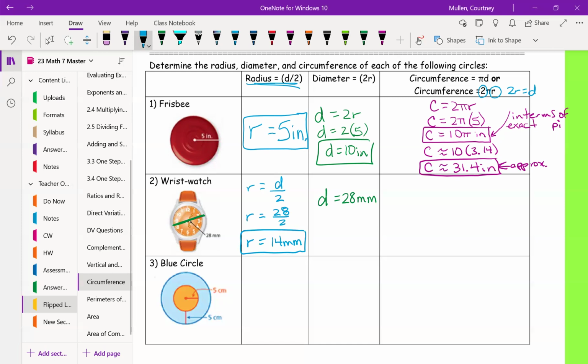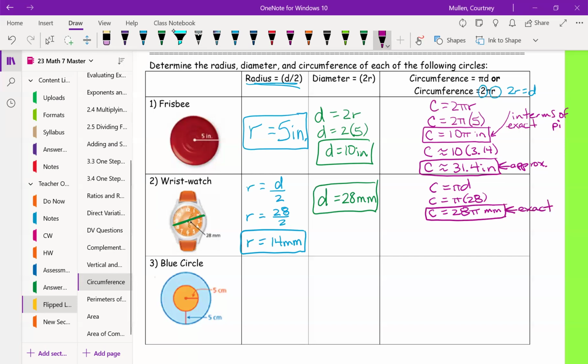Since this one gave us the diameter, we'll use the circumference formula involving diameter. C, circumference, equals pi times diameter. Well, I know that the diameter was 28 millimeters. And when we write our final answer, that coefficient will jump up in front of the variable pi. So the circumference is 28 pi millimeters. This is our in terms of pi answer or our exact answer.